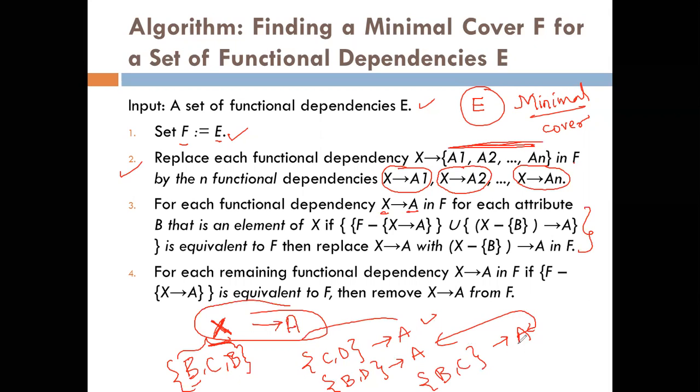So if it can be determined, then the B attribute can be removed from the functional dependency, that is, earlier X determining A. From this, B can be removed.